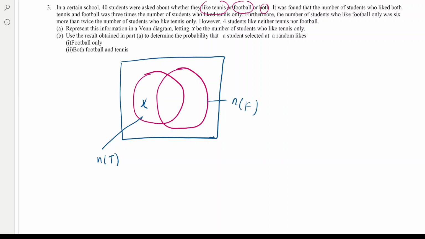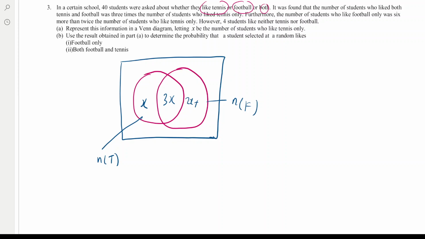Furthermore, the number of students who like football only was 6 more than twice the number of students who like tennis only. More than twice, so will be 2x plus 6 here.